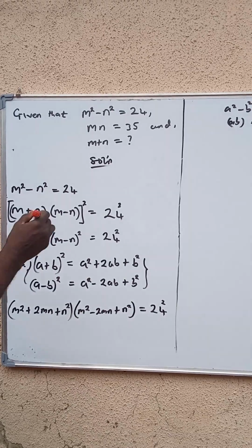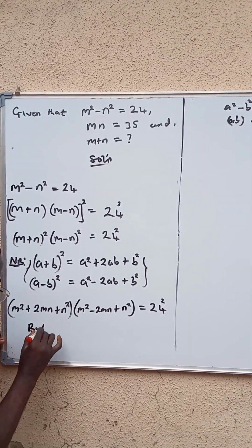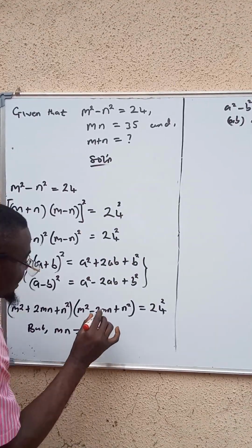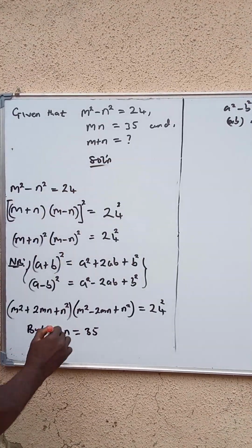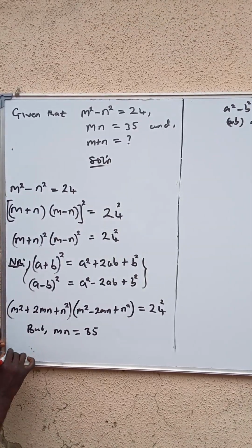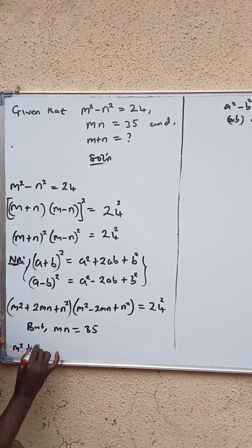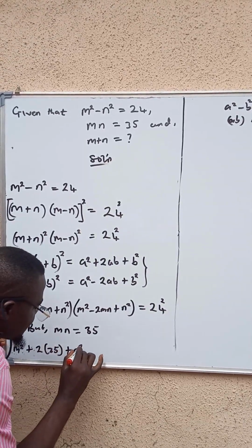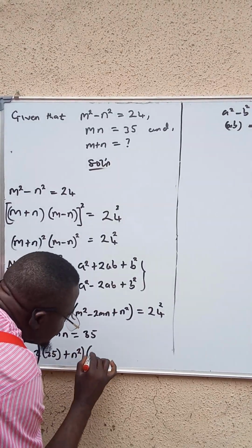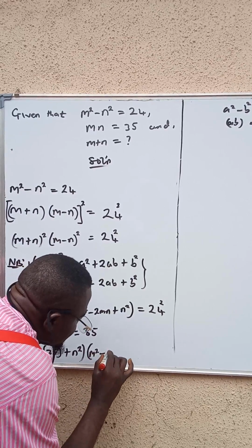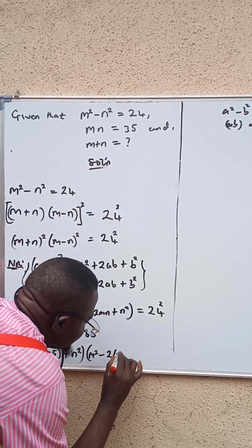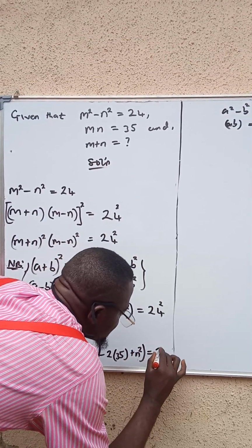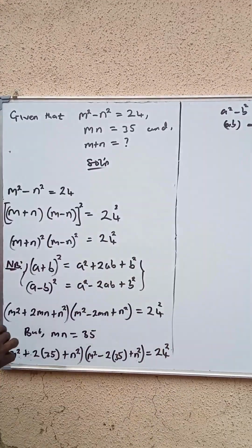But look at it. mn is equal to what? 35, from the question. So I substitute and I have (m squared plus 2 times 35 plus n squared) times (m squared minus 2 times 35 plus n squared) is equal to 24 squared.